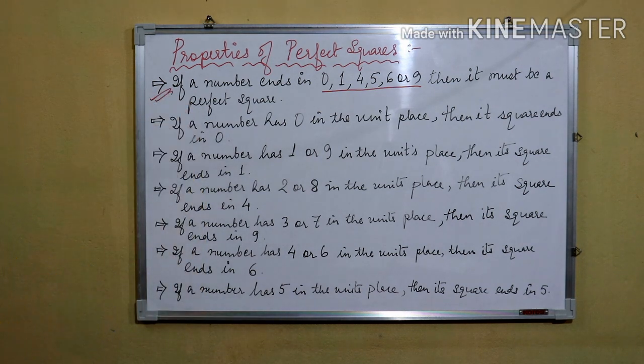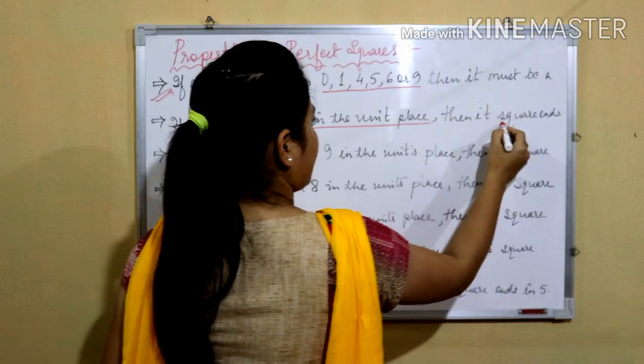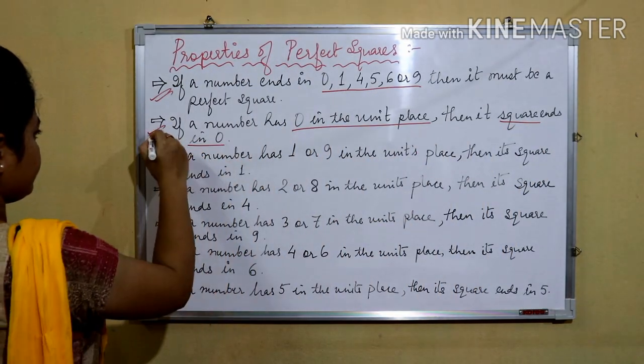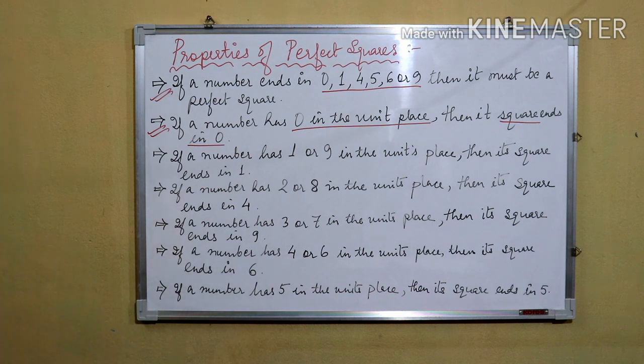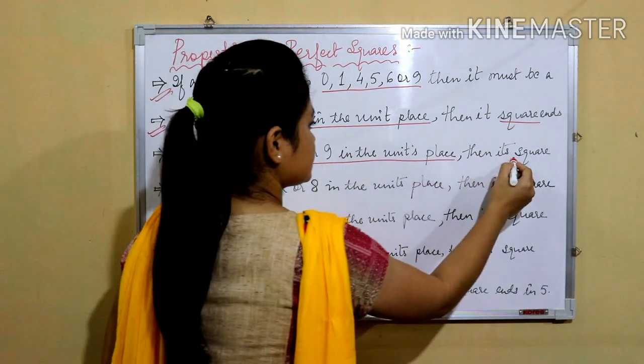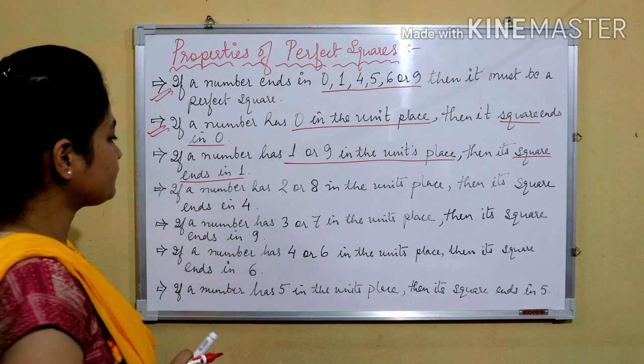If a number has 0 in the unit place, then the square ends in 0. If a number has 1 or 9 in the unit place, the square ends in 1.